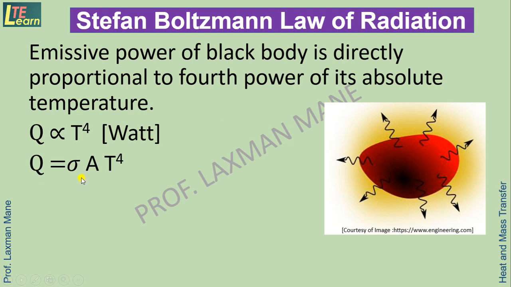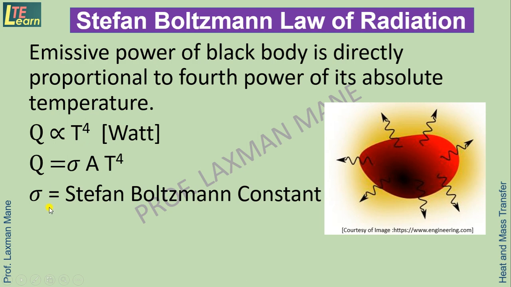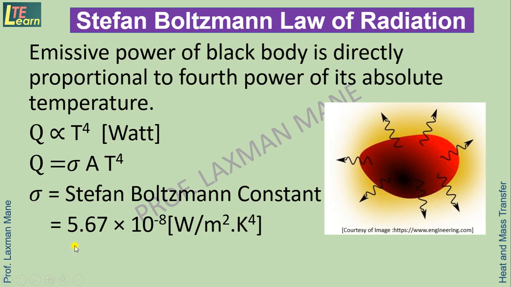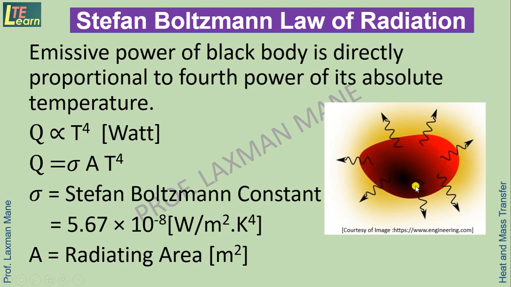Q is equal to sigma into A into T raised to 4. Here sigma is the Stefan-Boltzmann constant. Its value is given as 5.67 into 10 raised to minus 8 watt per meter square K raised to 4. Here A is the radiative area in meter square.